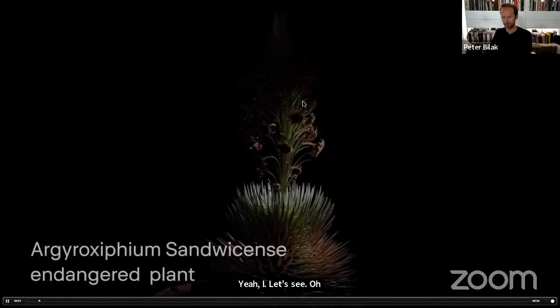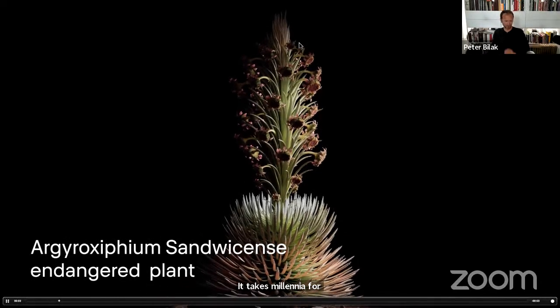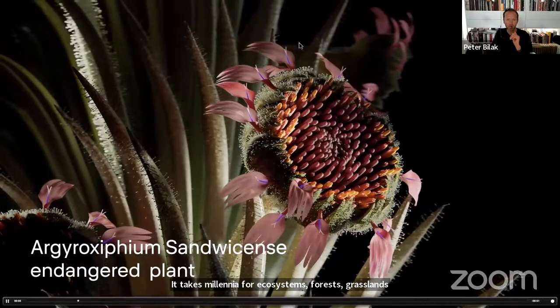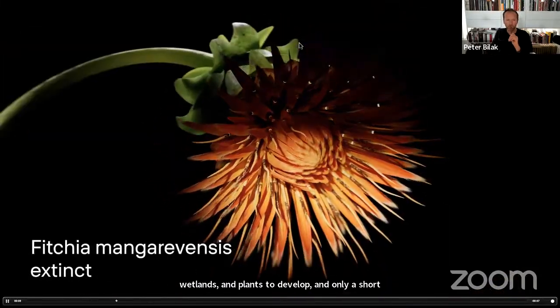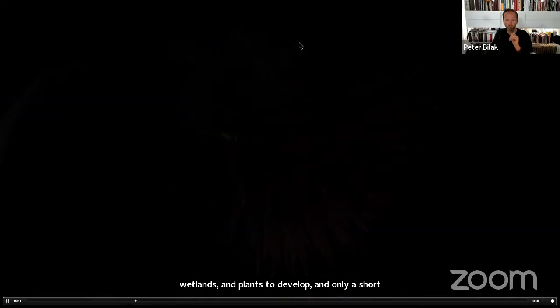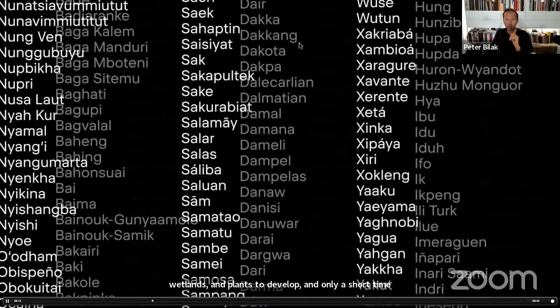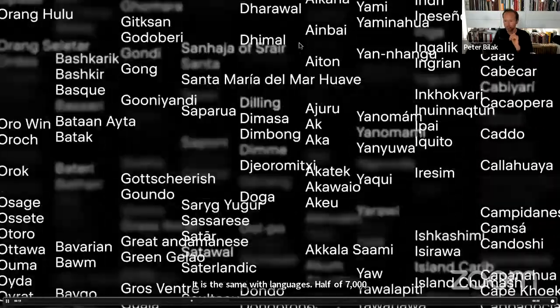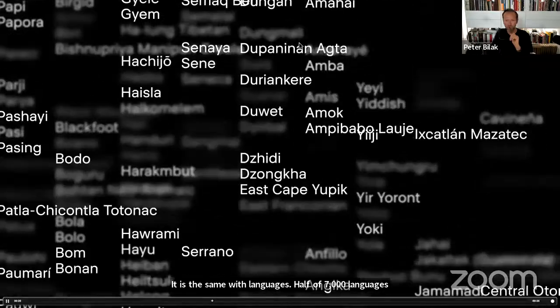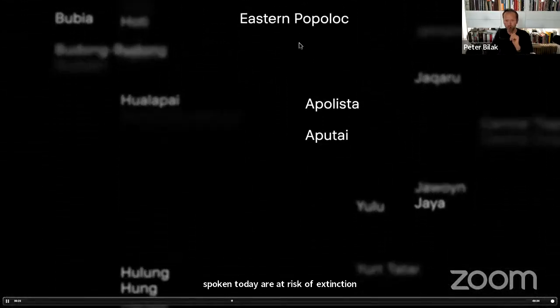It takes millennia for ecosystems, forests, grasslands, wetlands, and plants to develop, and only a short time for them to be lost forever. It is the same with languages. Half of 7,000 languages spoken today are at risk of extinction. In fact, we lose one language every 2 weeks.